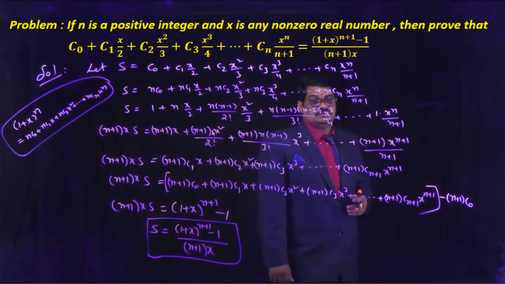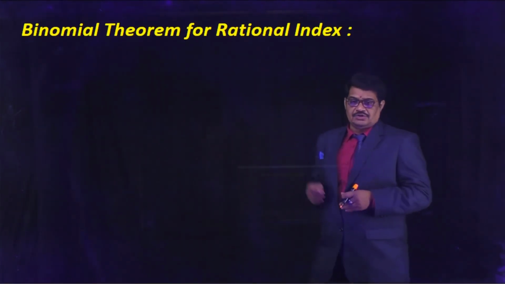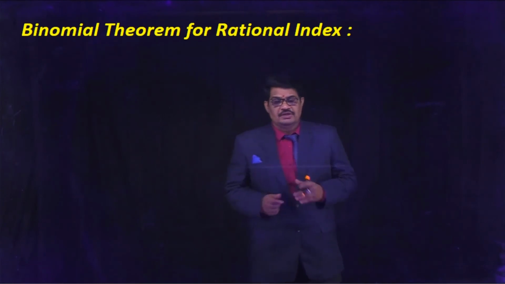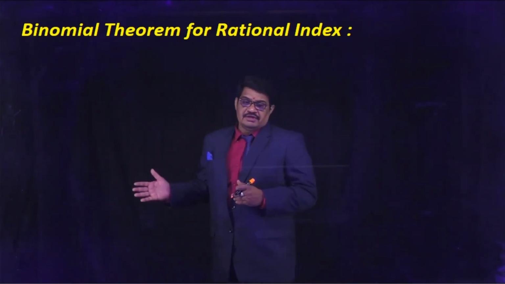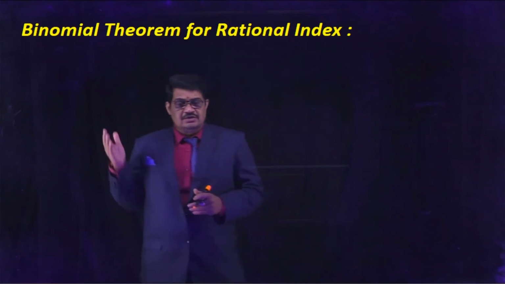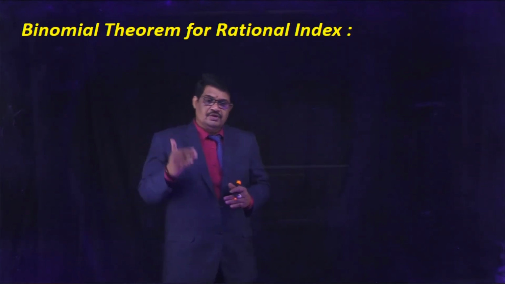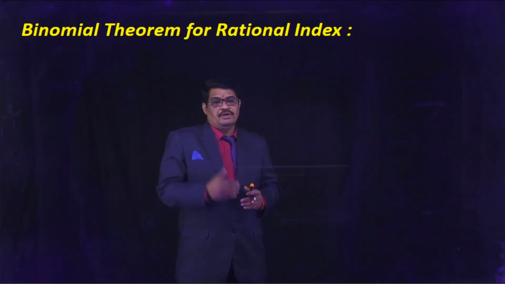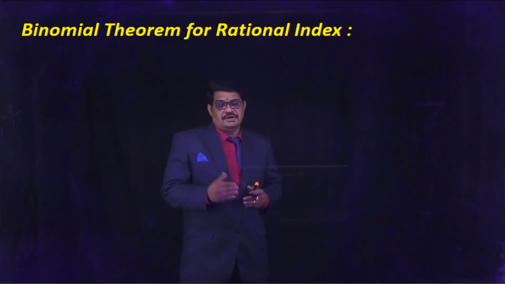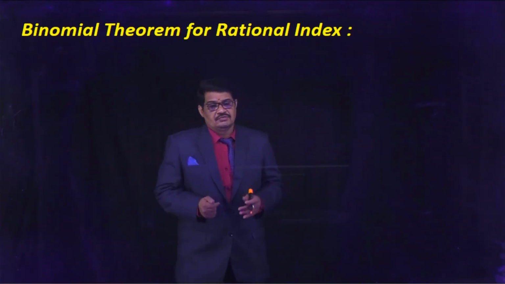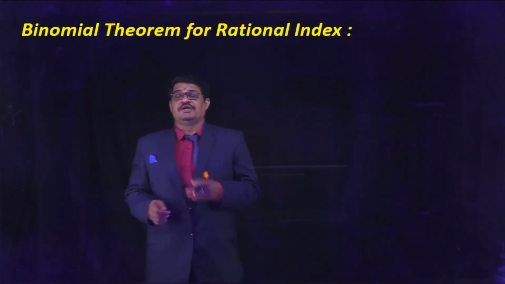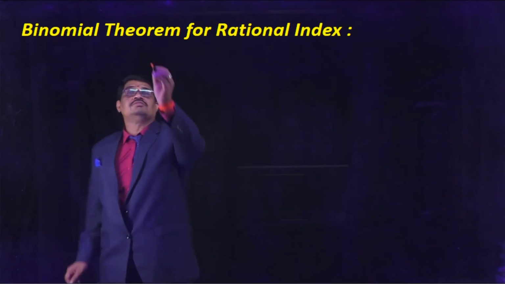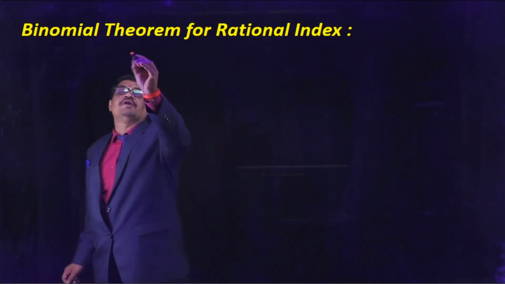See the next topic, the binomial theorem for rational index. In the previous classes we discussed the binomial theorem for integer index. In this session we are going to discuss the rational index. What is the binomial theorem?